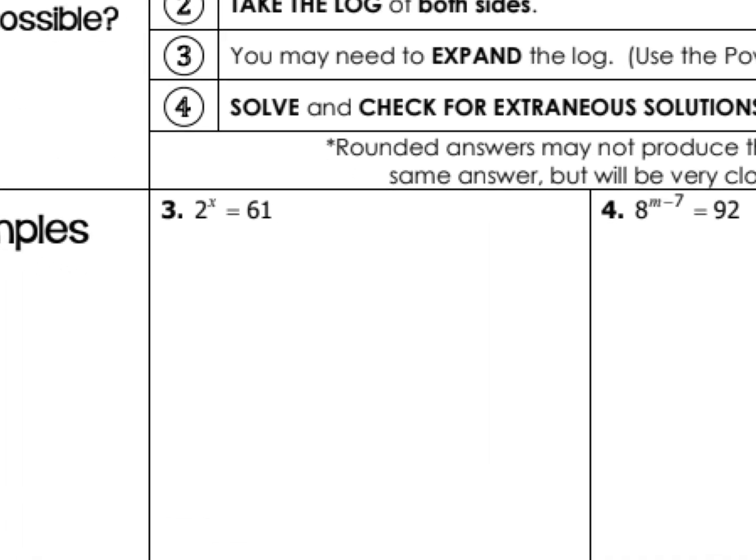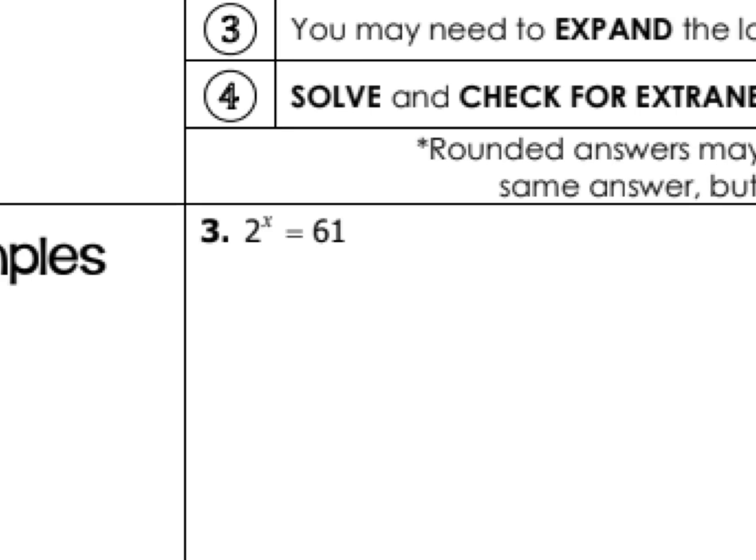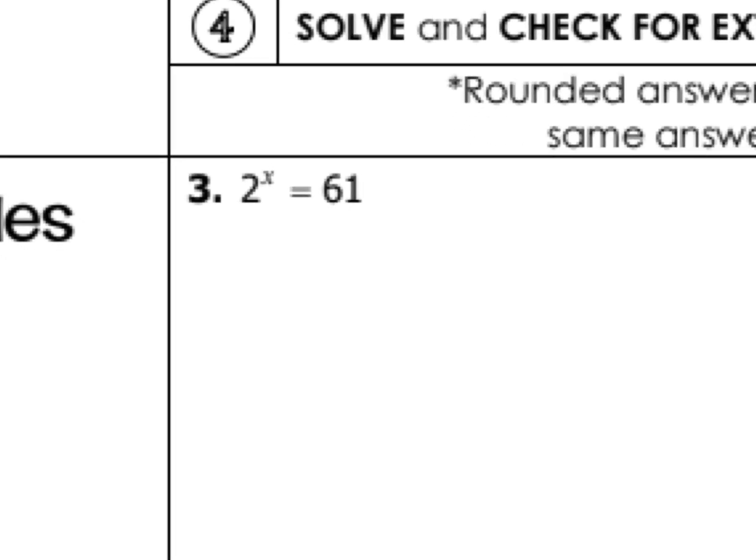What happens when our strategies that we just learned won't work? Okay, so number 3. Do you see how we have one base on each side? Okay, and the smaller one is 2. If I write out my powers of 2, do you think I'm ever going to get 61? Probably not. So here's what we do when we can't use that.